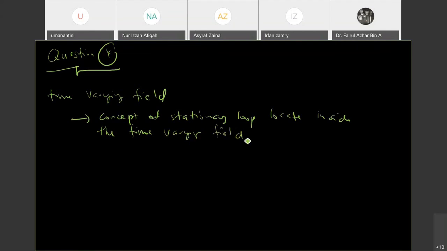So what will happen if we have one loop and we put the loop inside the time varying field? What will happen to the loop? What is the concept that is happening?